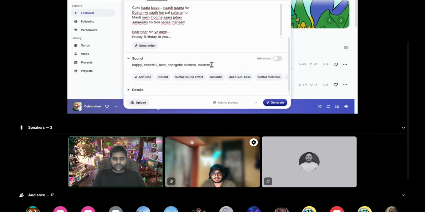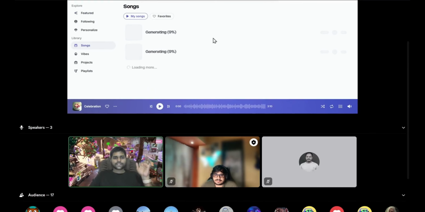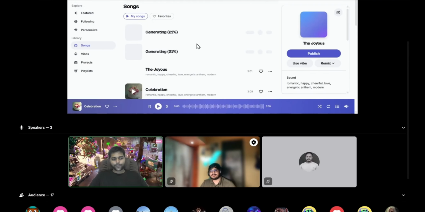Modern and maybe classical. I'm adding some moods here, and then I just click on generate. Now you see it is generating two songs simultaneously with the same lyrics, that is Bar Bar Din Ye Aaye. I'll just play it for you all.